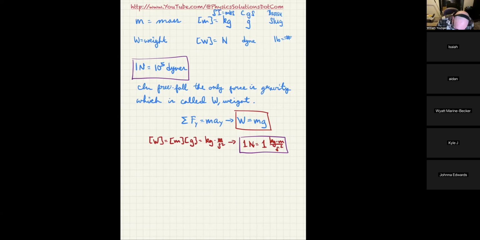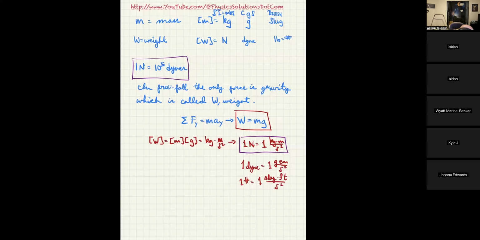Similarly, one dyne is equal to 1 gram centimeter per second squared. So that's what a dyne is. And of course, you could also say that 1 pound is equal to 1 slug feet per second squared.